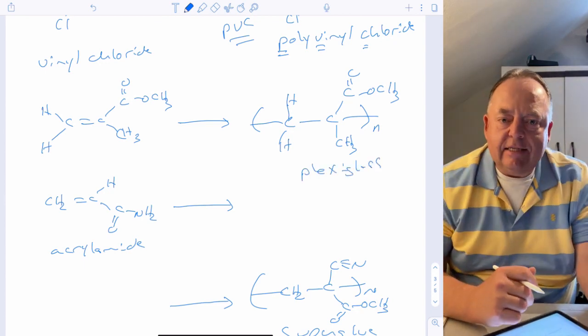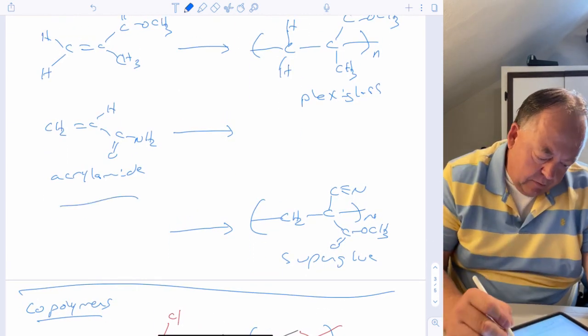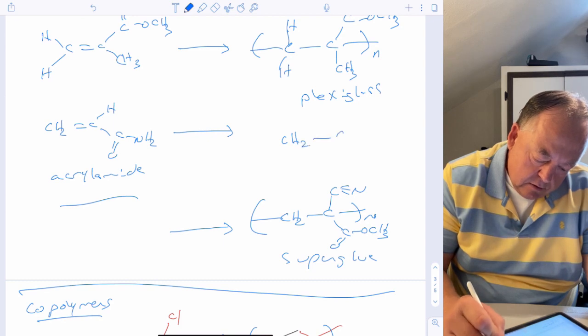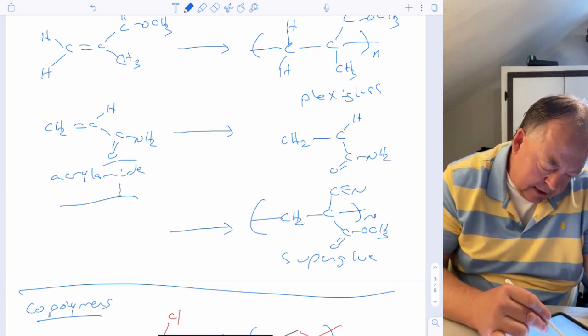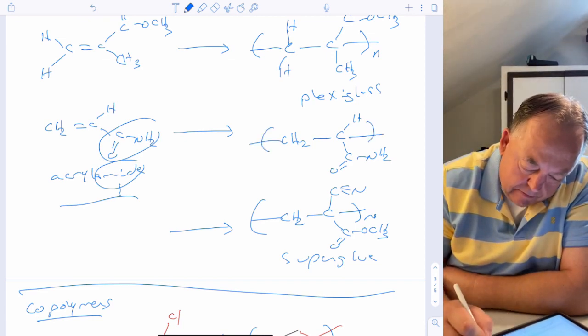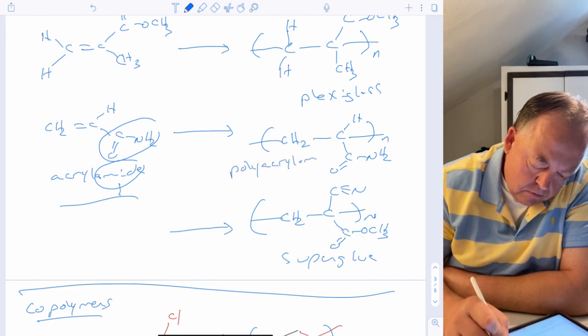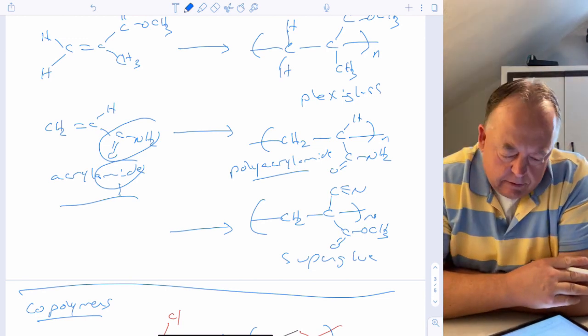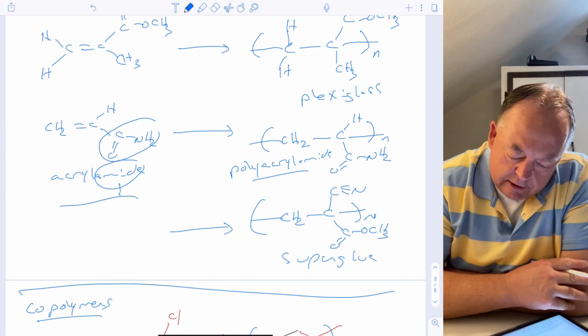So that's plexiglass. Okay, so this is acrylamide. If you polymerize that, right, the amide. Why is that an amide? Because of that, right? That's an amide. So if you polymerize that, then you would make polyacrylamide. Some of you biology majors may have heard of polyacrylamide before. That's used all the time in biology and biochemistry to make polyacrylamide gels.